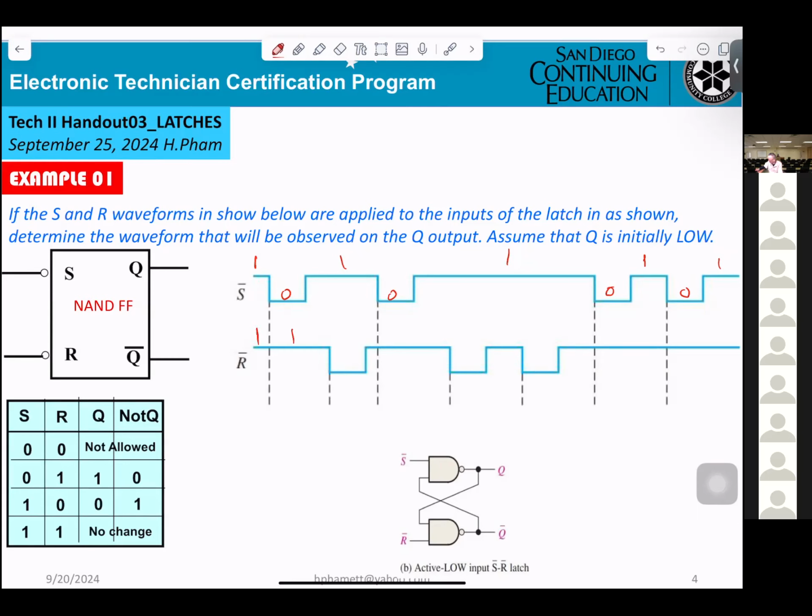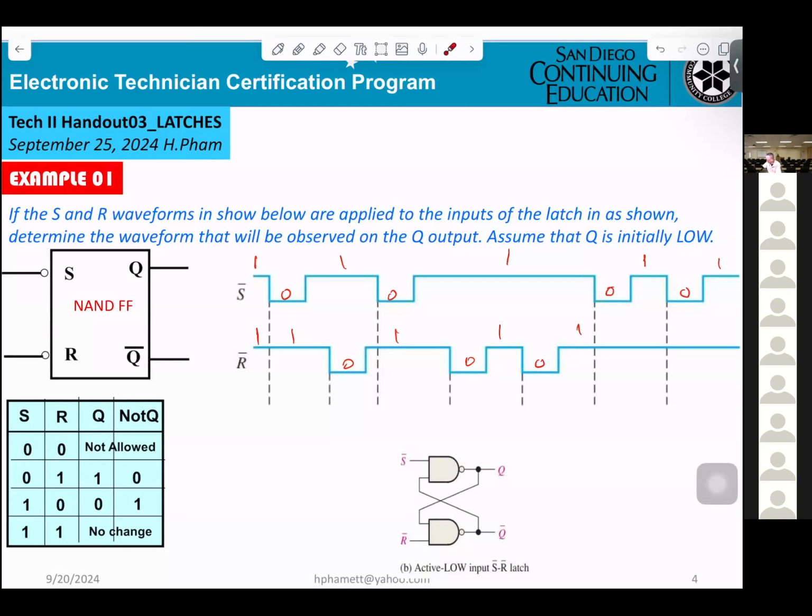1, 0, 1. Now what do they want? That is the waveform. Insert below, apply to the input of the last S in SO. Determine the waveform that will be observed on the Q output.